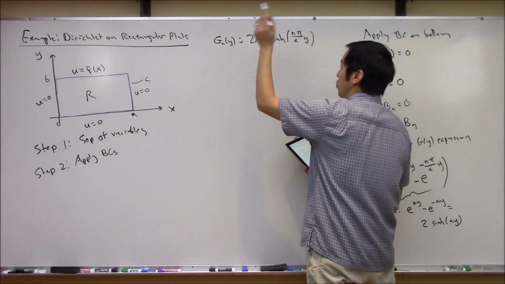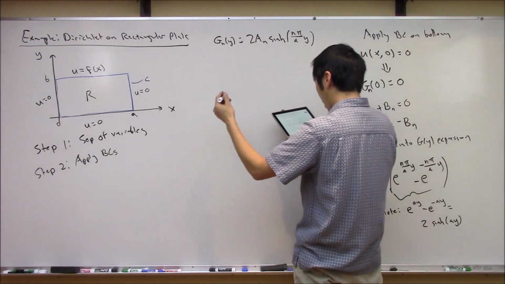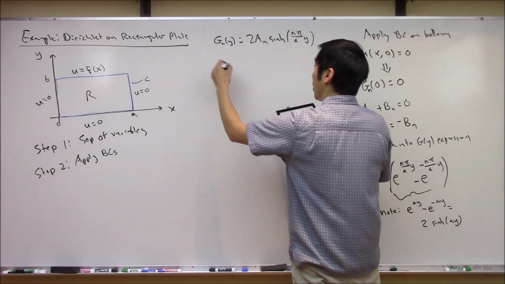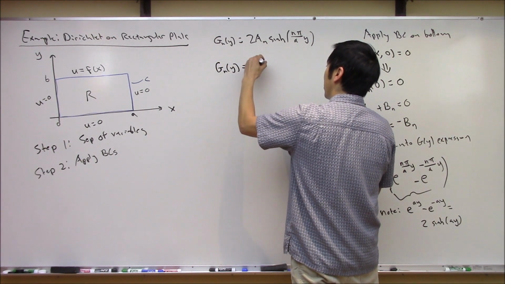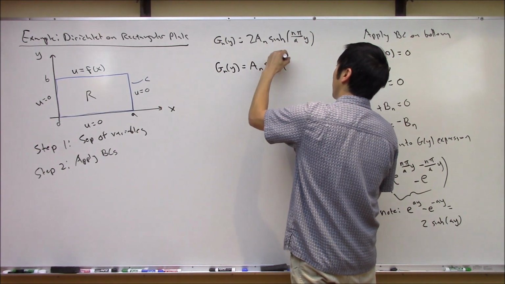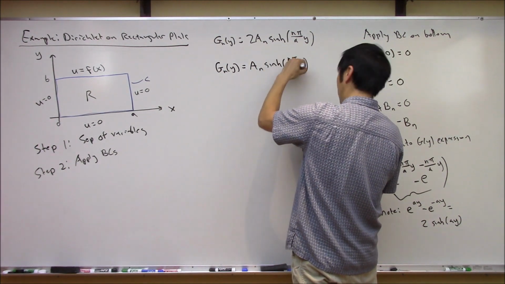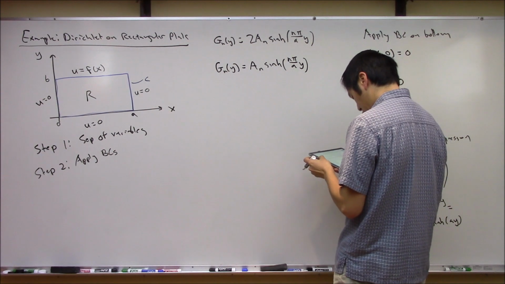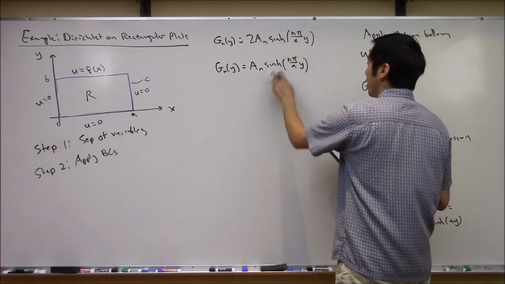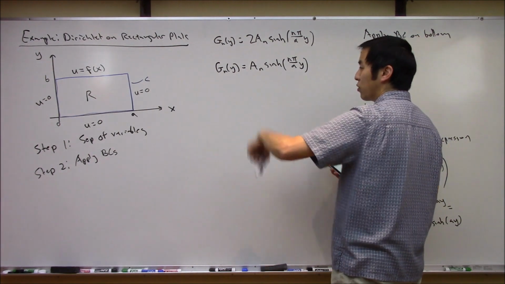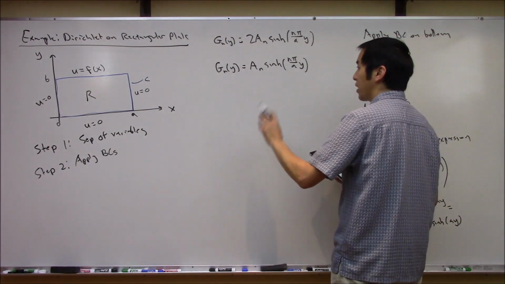So let's just rename this as a_n, and we end up with basically a_n times hyperbolic sine of n pi over a y. Okay, great.